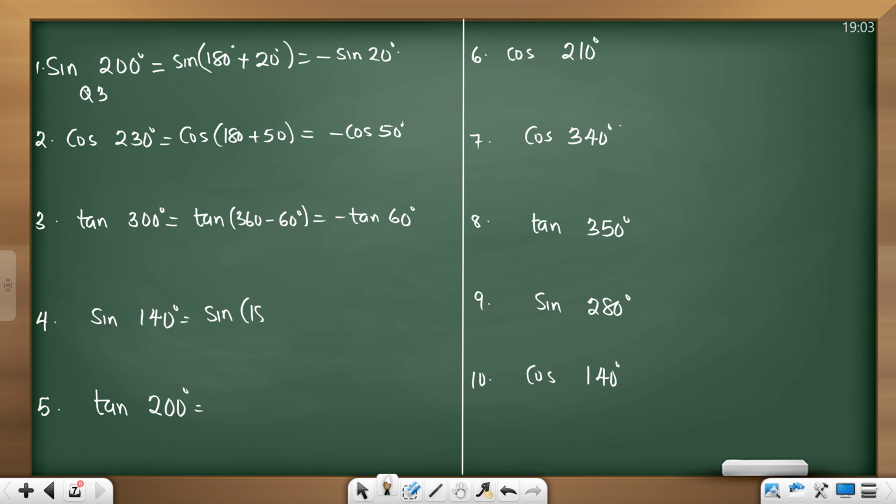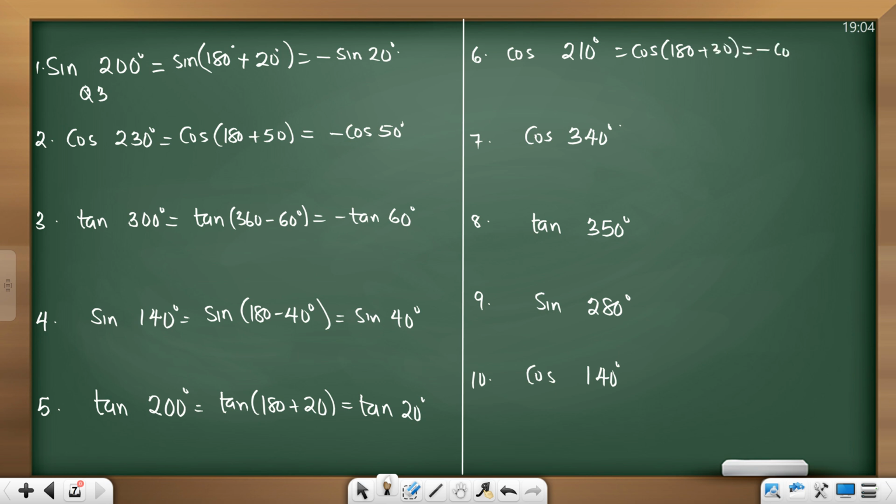Second quadrant, 180 minus 40 and sine 40 degrees. Third quadrant, 180 plus 20, and this is tan 20 because it's positive there. Cos 210, I am in the third quadrant, so it is cos 180 plus 30, but because I'm in the third, negative cos 30.